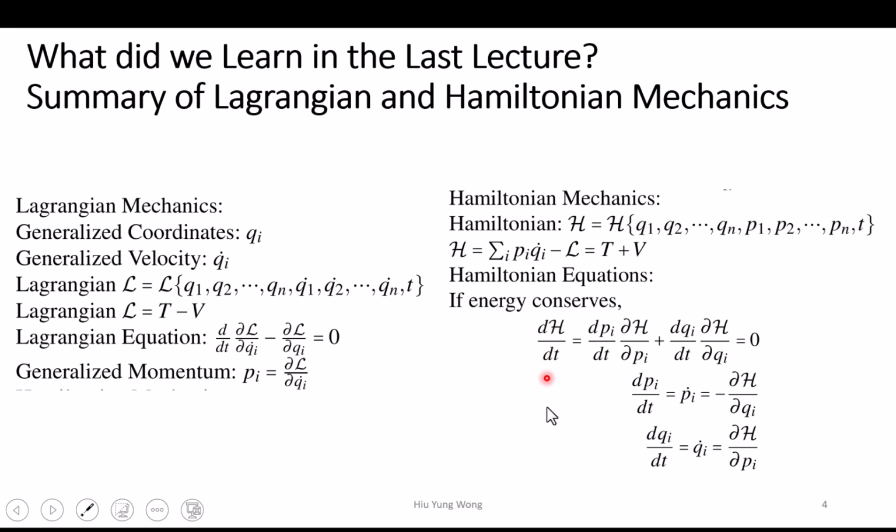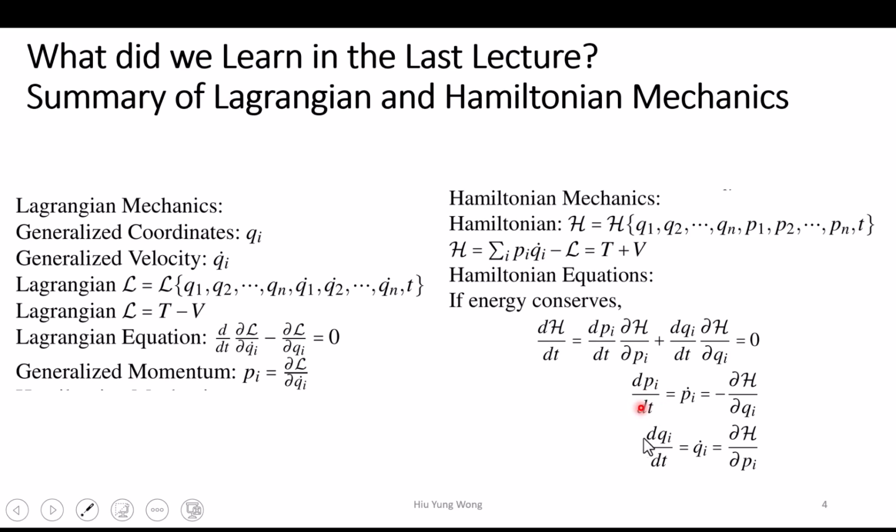Because the Hamiltonian is the total energy. Then you just use the chain rule. This is the chain rule. Then it means this whole thing needs to be 0. There are many different choices. One of the choices is to choose this, right? There must be some reason. Again, I'm not going deep into this. The physics people and math people came up with a good reason why they want to do this.